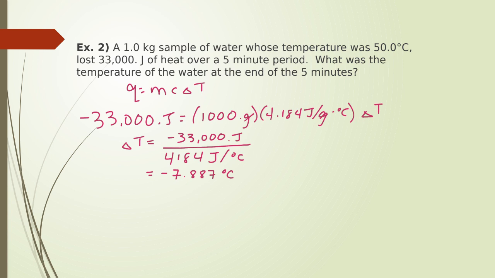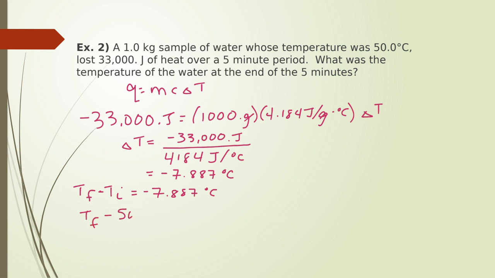So we know that it lost heat, and we know that the temperature had to go down over time. So let's just sub in what we know. We know that T final minus T initial is going to be equal to negative 7.887 degrees C. I'm solving for final temperature.